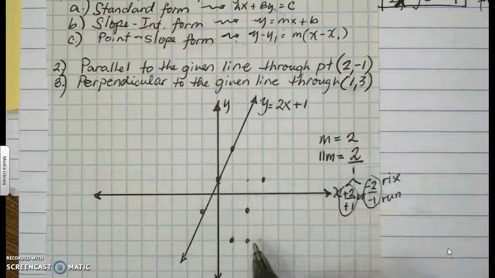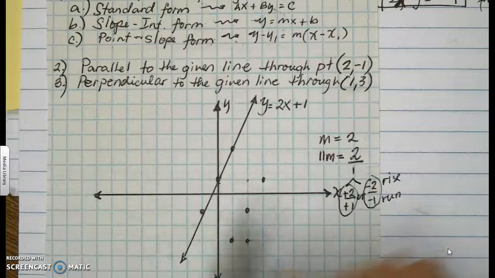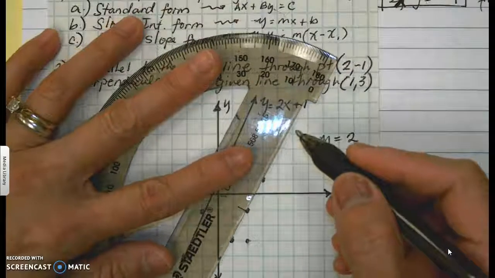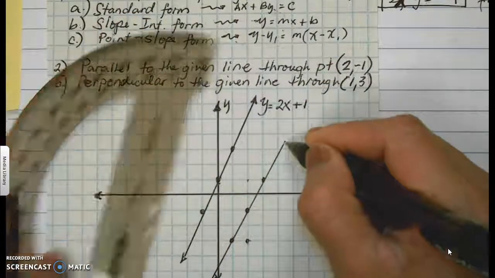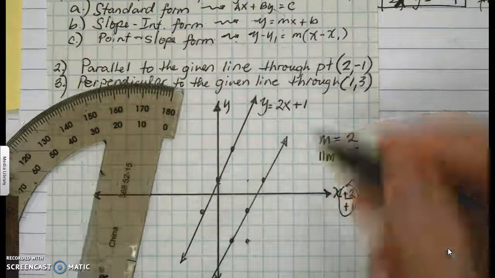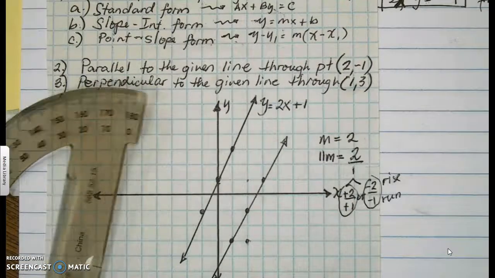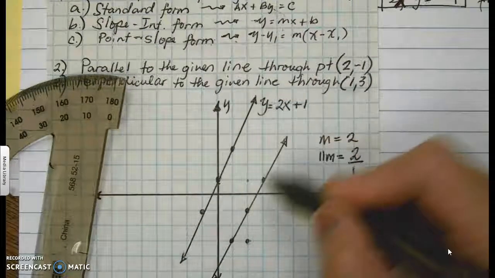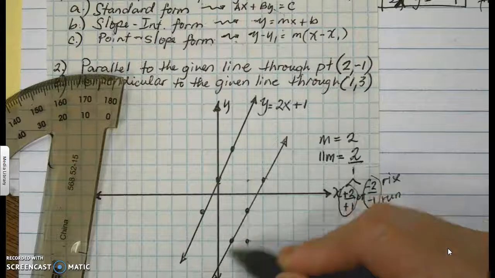My bad, that's not supposed to be there. And then you're going to connect the dots, and that's already your parallel line to the given one. I apologize for that. It does not look so perfect, but yes, I tried my best. So these two are parallel. You just do your rise and run, and then rise and run.